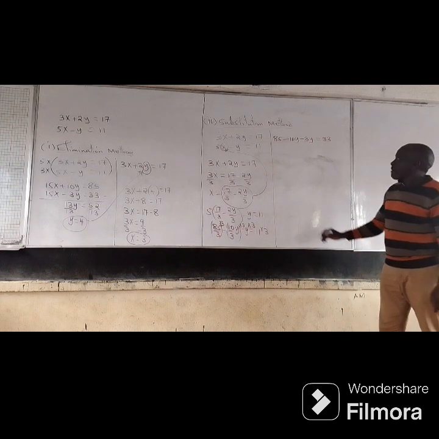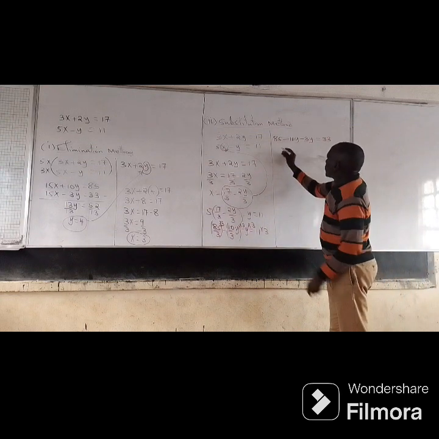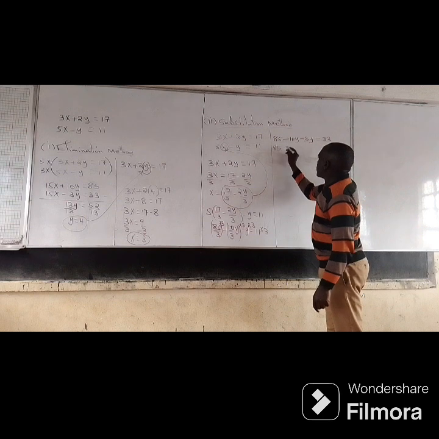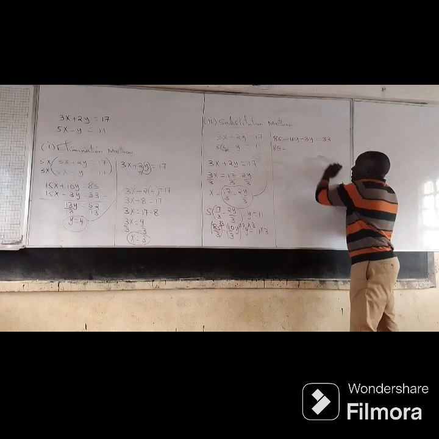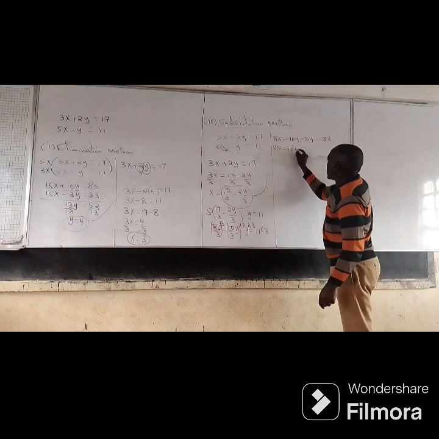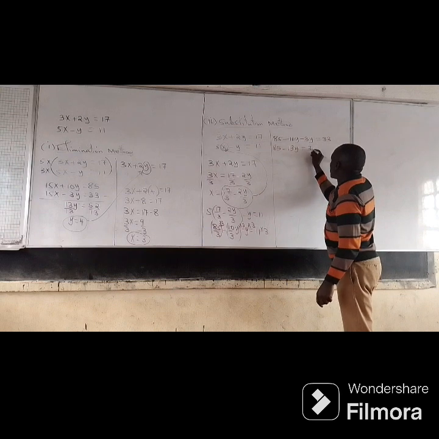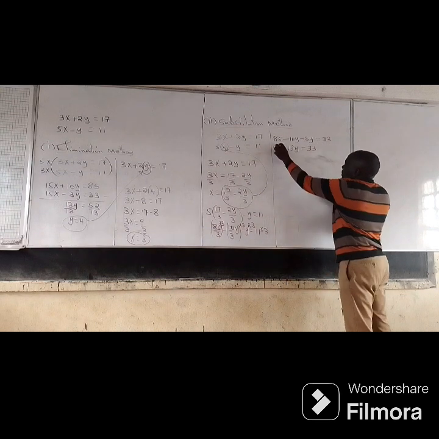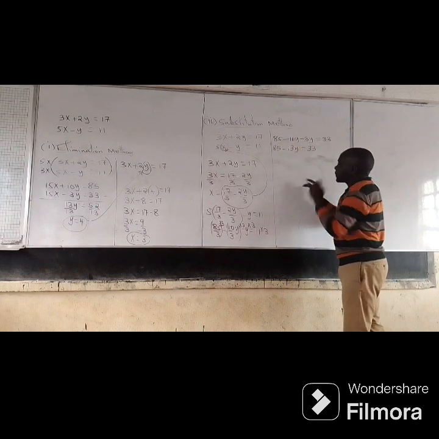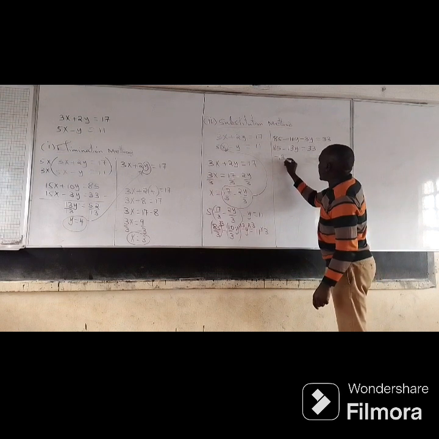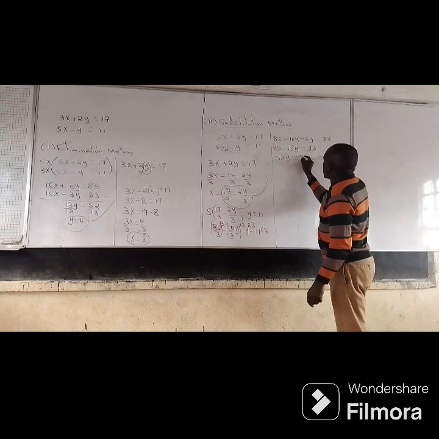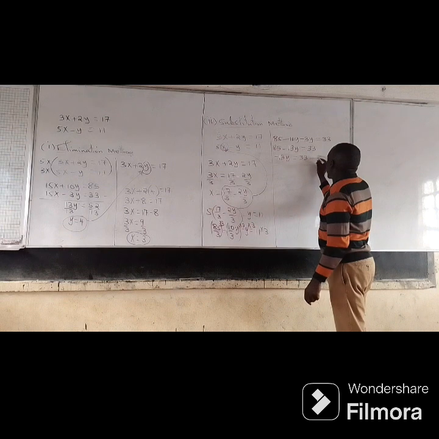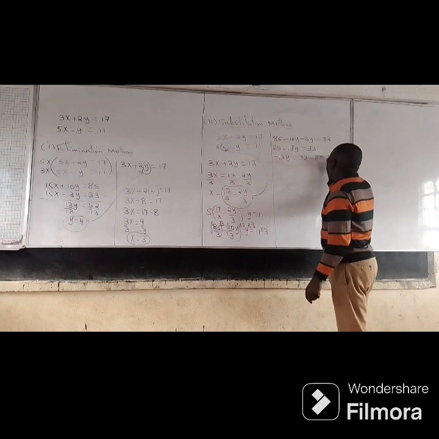Then from there, we have minus 10 minus 3 is negative 13, so it is negative 13y equals 33. So I'll shift this 85 to the other side. We remain with negative 13y equals 33 minus 85.